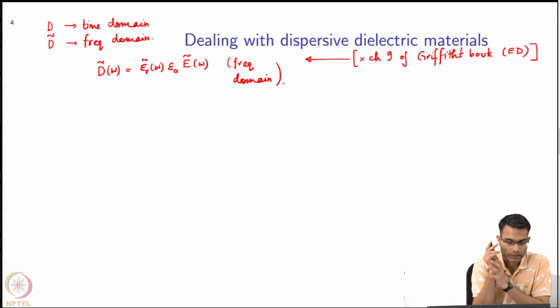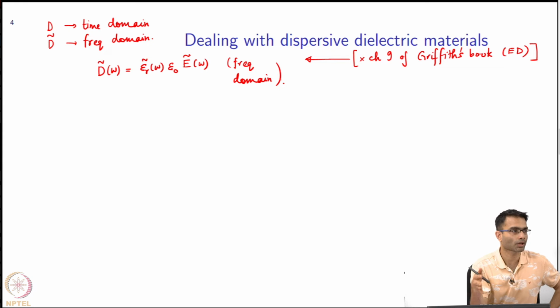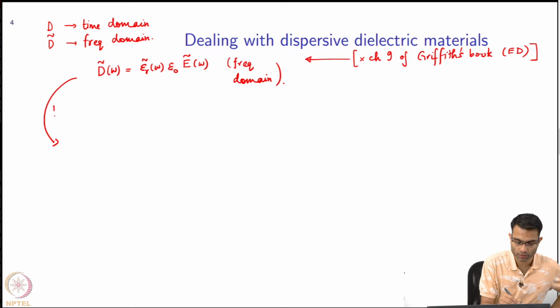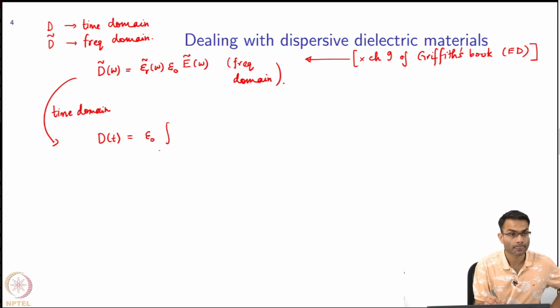Okay. So as a result of this, what is actually our time domain relation then? Convolution, right? This is a product in frequency domain, so in the time domain it's a convolution. So if I go over here to the time domain, this will become D of t is equal to, this epsilon naught will come out, the convolution will go from minus infinity to some t, same t over here.